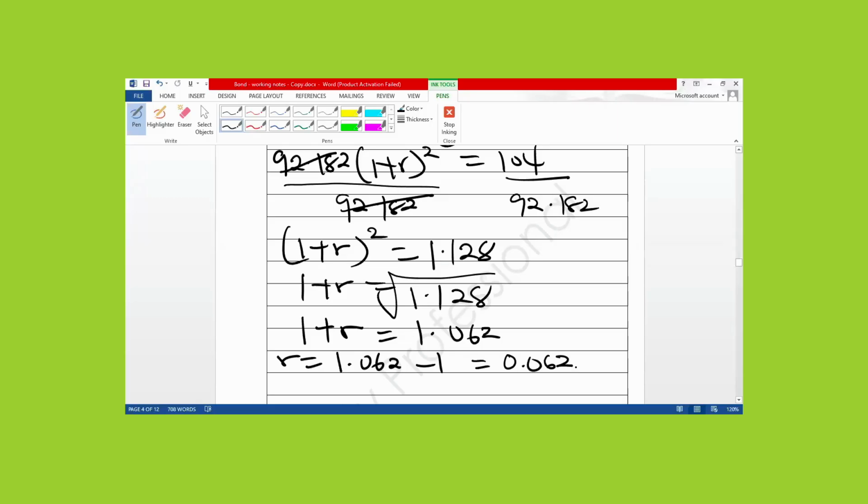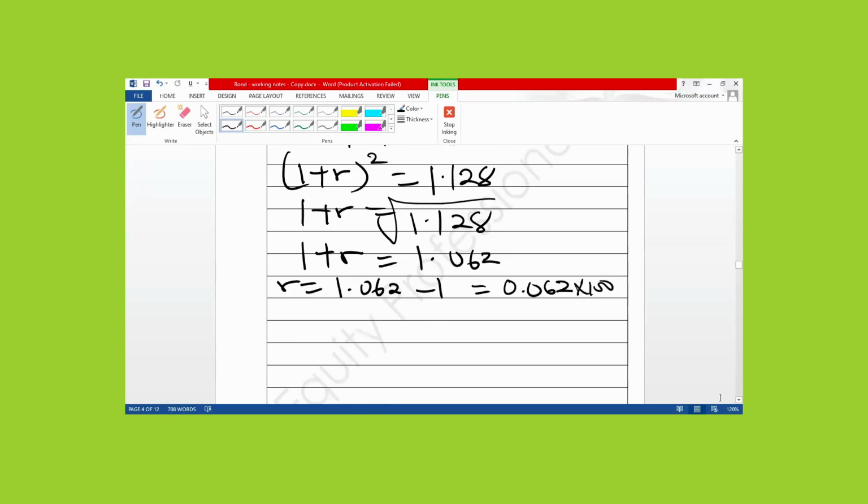In percentage, multiply by 100. R in year 2 is 6.2%. That is the spot rate for year 2. Now you are done with bond B.